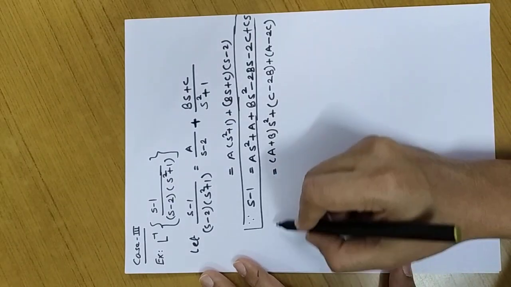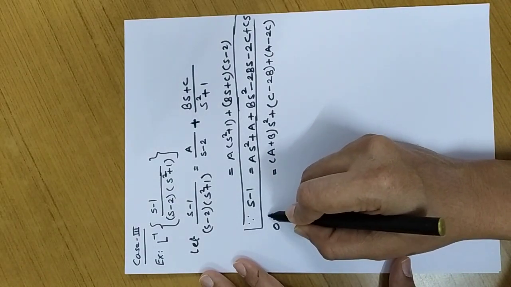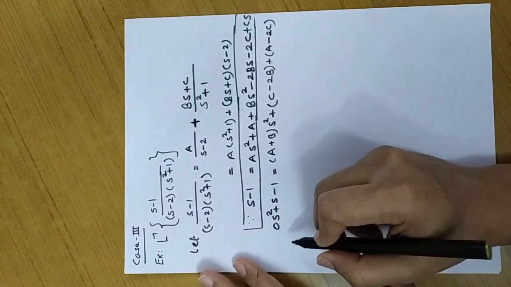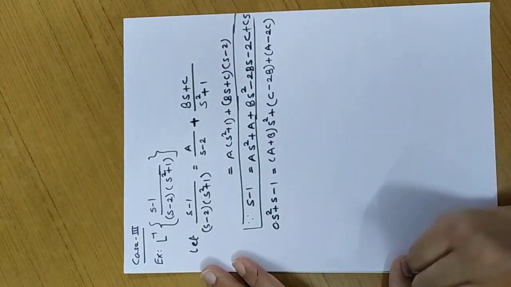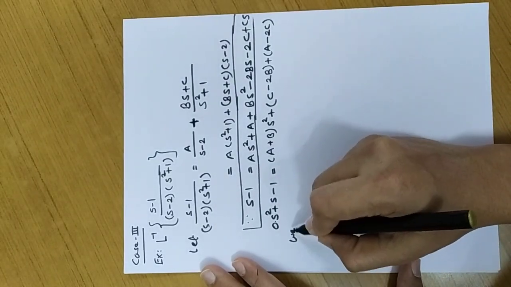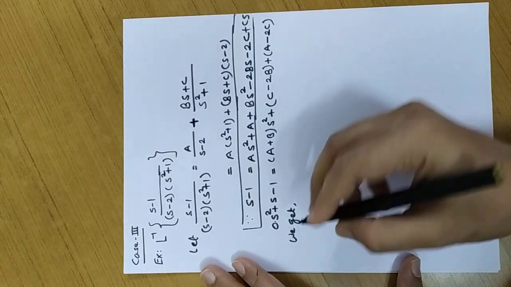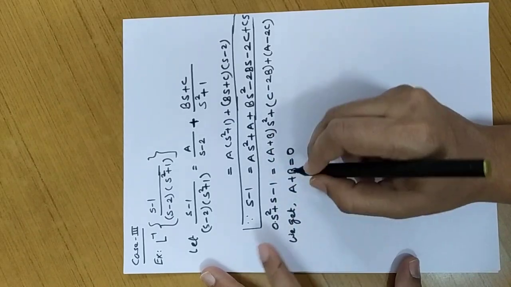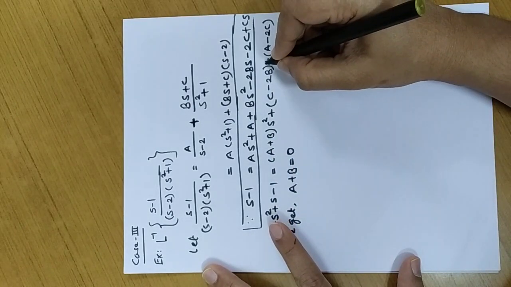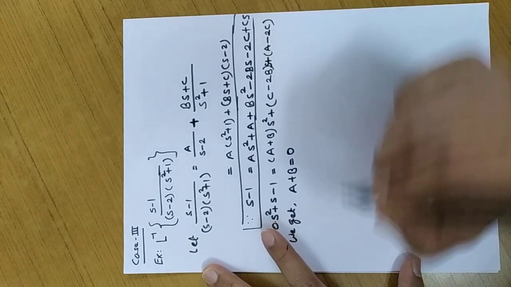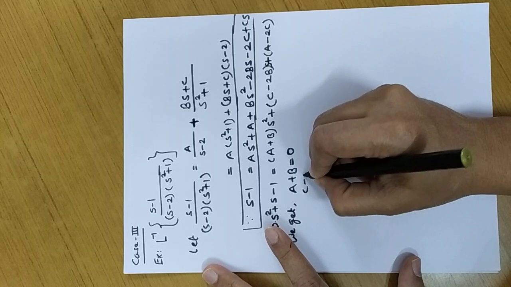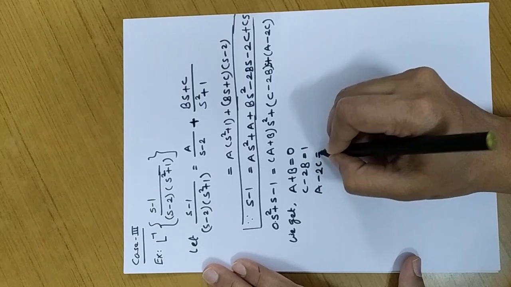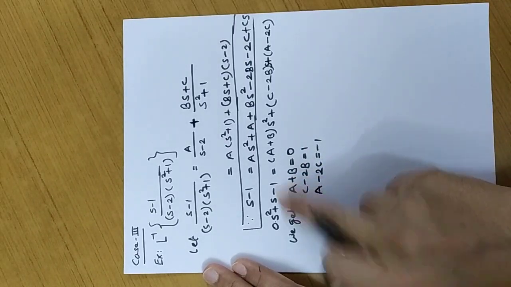On the left hand side, what is the coefficient of s square? 0, plus s minus 1. Now we are equating the coefficients on both sides, so we are getting three equations. Which three equations? A plus B is equal to 0. The coefficient of s: C minus 2B is equal to 1, and the constant term A minus 2C is equal to minus 1, because the constant is minus 1 on the left hand side.